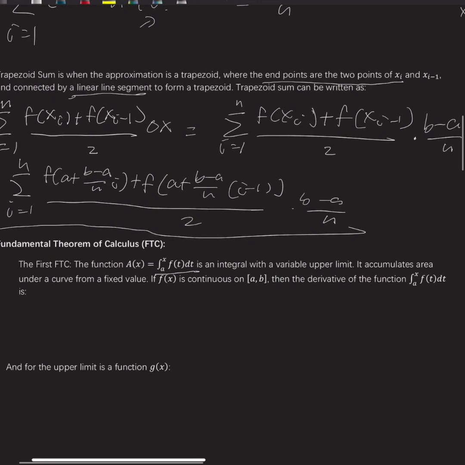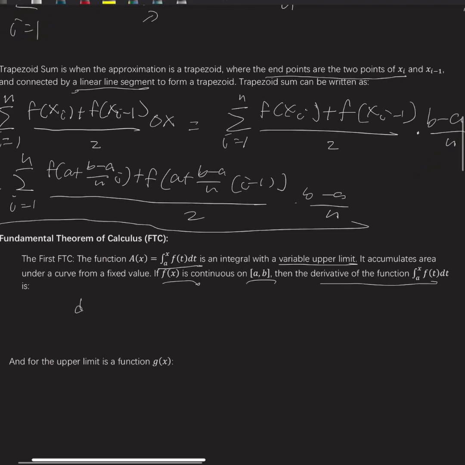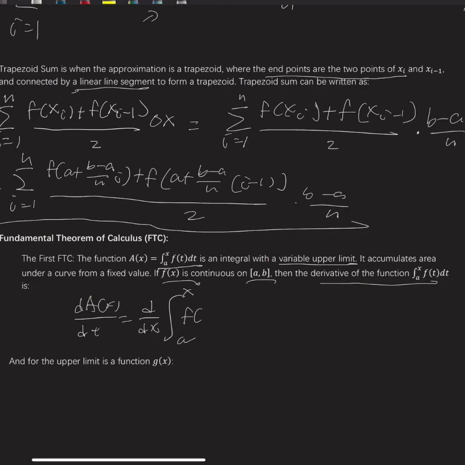With a variable upper limit, it accumulates area under a curve from a fixed value a. If f of x is continuous on the closed interval [a, b], then the derivative of this function, dA of x over dx, is equal to the derivative with respect to x of the integral from a to x of f of t dt, which is equal to f of x, only when x is an element of [a, b].